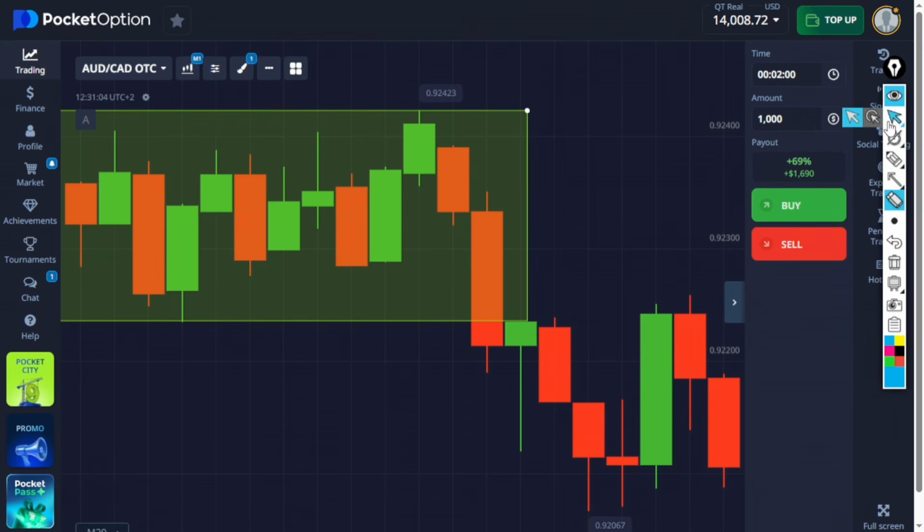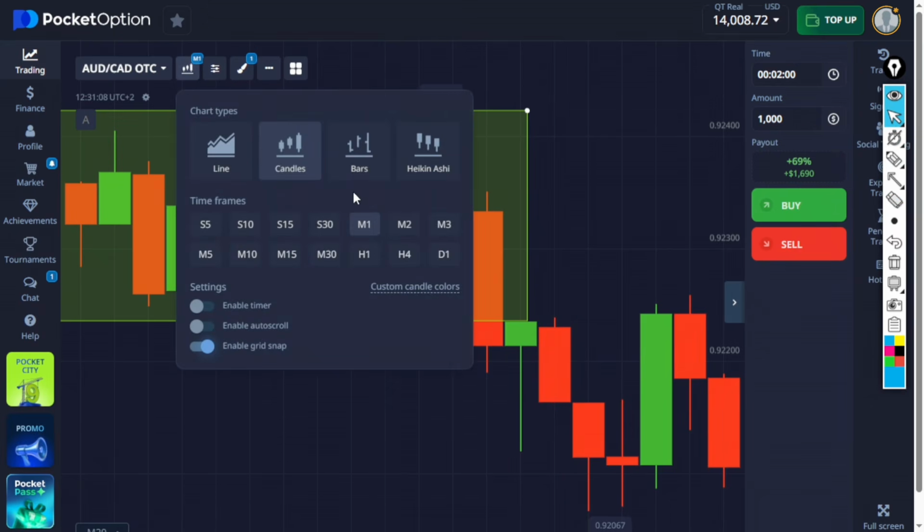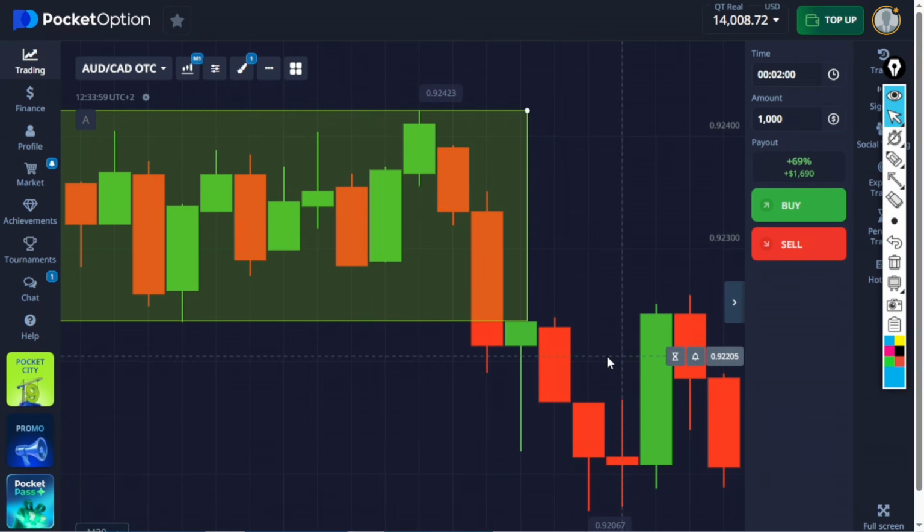And keep in mind, your trade duration will be determined by the time frame you're trading on. For example, if we're on the 1 minute time frame, we're looking for a 1 or 2 minute trade duration. If you're on the 5 minute time frame, we're looking for a 5 or 10 minute trade duration. And if you're on the 15 minute time frame, you're looking for a 15 or 30 minute trade duration. You guys get the idea. A 1 or 2 candle trade duration.